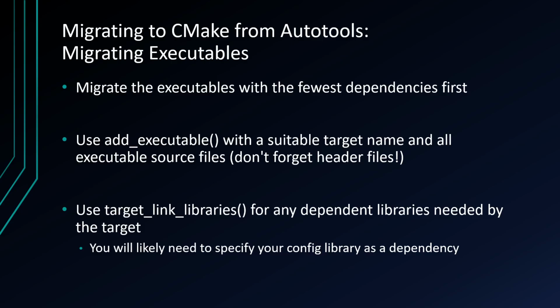So when you start migrating executables, similar to what we said for libraries, migrate the executables with the fewest dependencies first. Use add executable with a suitable target name and all the executable source files. Again, don't forget the header files. And use target link libraries to attach an executable target to its dependent libraries.